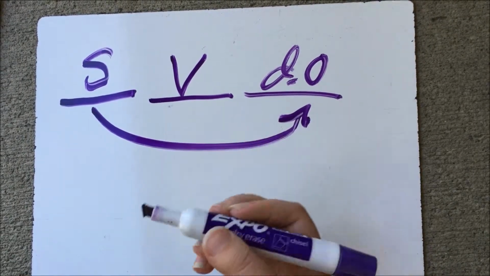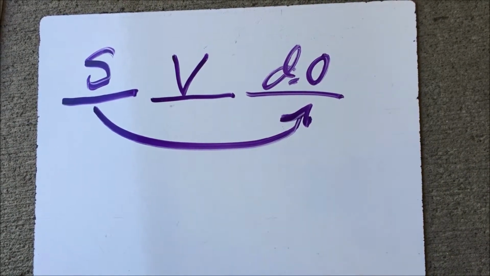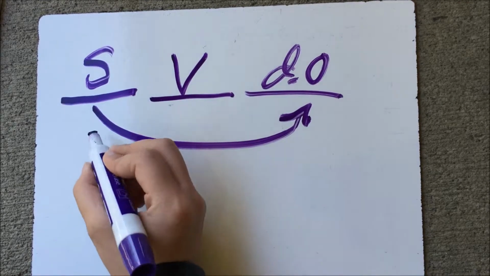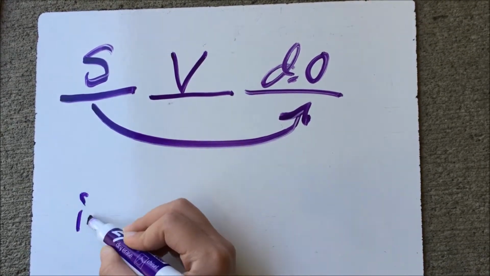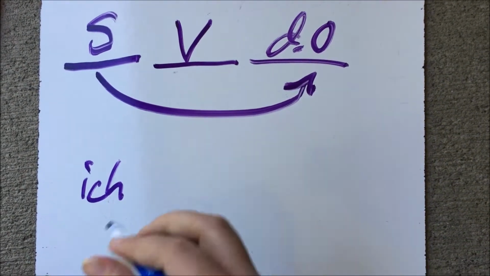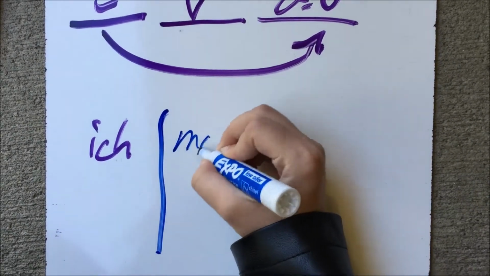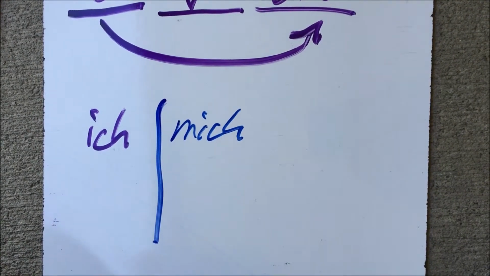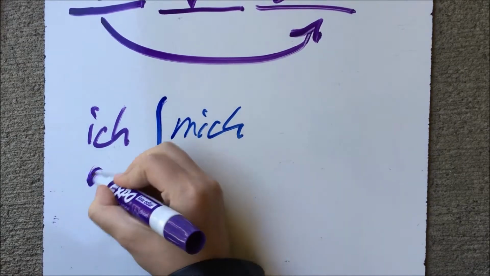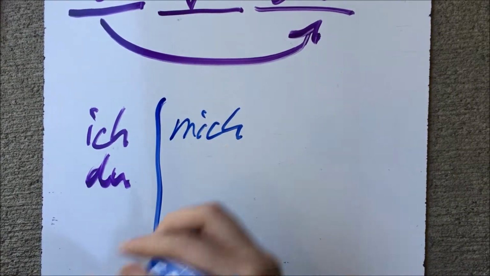So for example, when Nick said ich wasche mich, you have to have the subject, which is ich, be connected to its pronoun, which is mich. The other pronouns are du and dich.